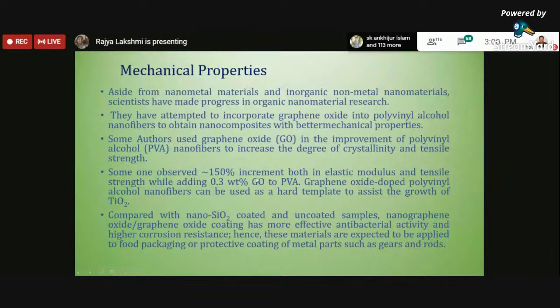People have even used the same graphene oxide for improving nanofibers, which can be used as a hot template to assist the growth of titanium oxide. Titanium oxide means, because of environmental impact, it is one of the surface corrosion impacts on many materials or non-metallic materials. So this particular graphene oxide will be helping many products to protect the surface, especially from formation of titanium oxide.